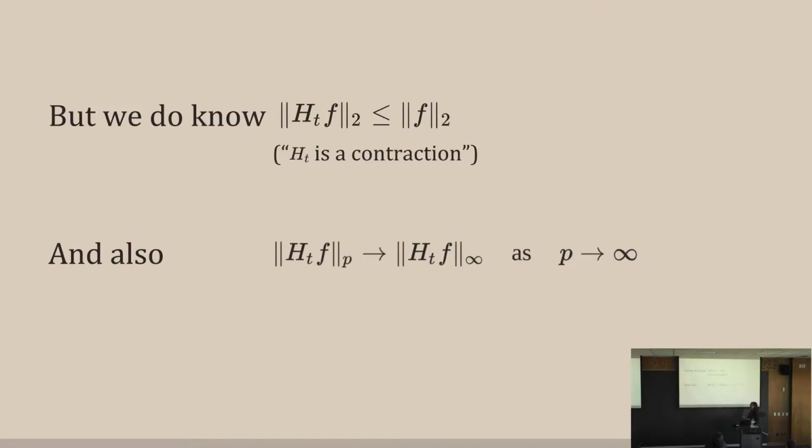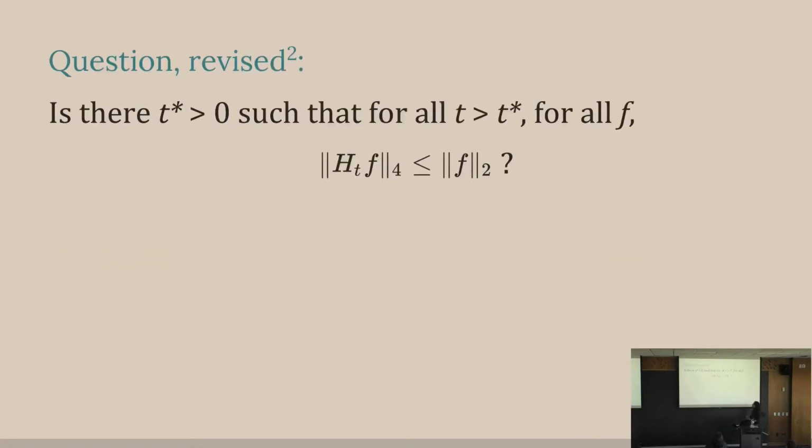So a reasonable question now to ask might be: if we fix some reasonable number that's bigger than 2, say 4, can we find some t such that the heat operator applied to the function in the 4 norm is controlled by the variance of the function originally?